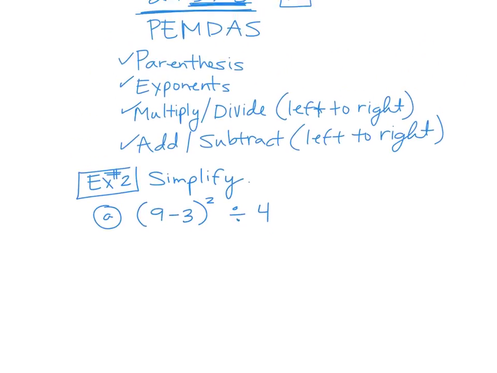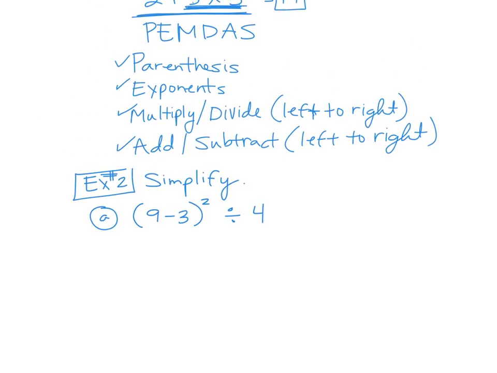Okay, so I'm going to come back up here just so you can see the list. So thinking PEMDAS here. P. What does P stand for? Parentheses. Do we have parentheses? Yes. Okay, so when you have parentheses, you have to start with what's inside the parentheses. So inside our parentheses is what? 9 minus 3. So you're going to do 9 minus 3 is 6.